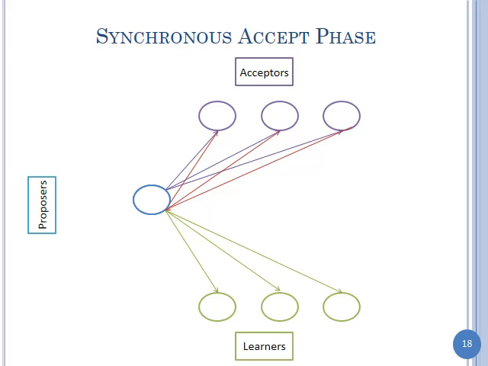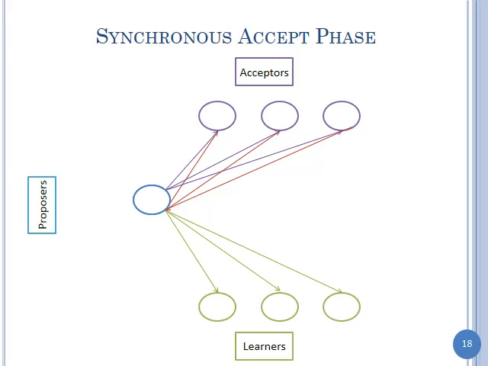So there's a few more things we have to do differently in the accept phase, and they have to do with the architecture, with who gets what message. So in the synchronous accept phase that we saw earlier, that we are modifying right now, the node that sent the accept request is the one that gets the accept response. Okay, and then it goes and sends them to the learners.